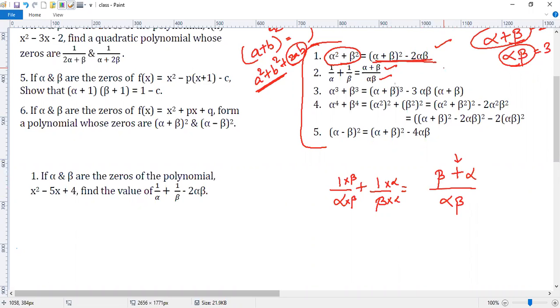அதனால. Okay. Right. அடுத்தது. Third one, alpha cube plus beta cube. நமக்கு தெரிஞ்ச formula என்ன? Alpha plus beta whole cube formula தெரியும். What is that? Alpha cube plus beta cube. Correct?